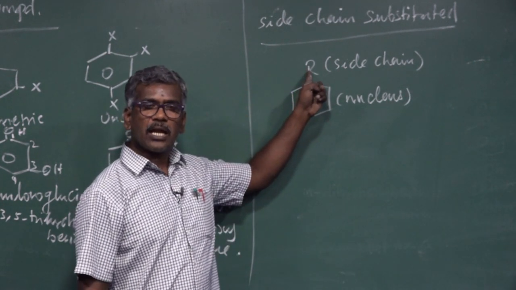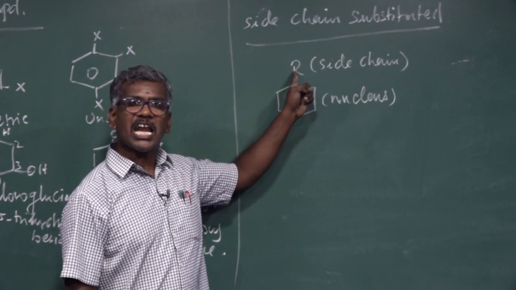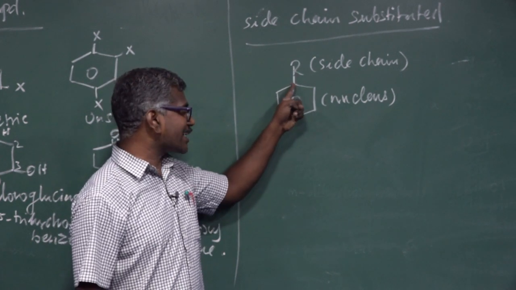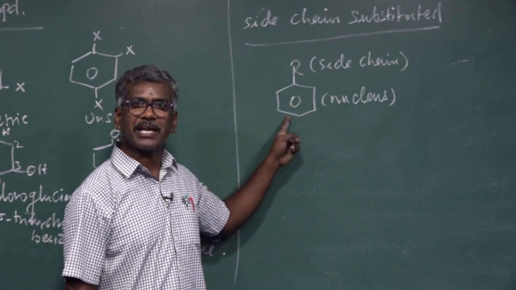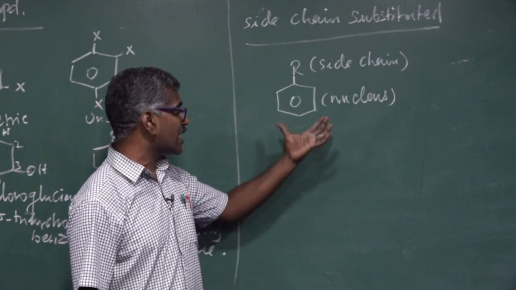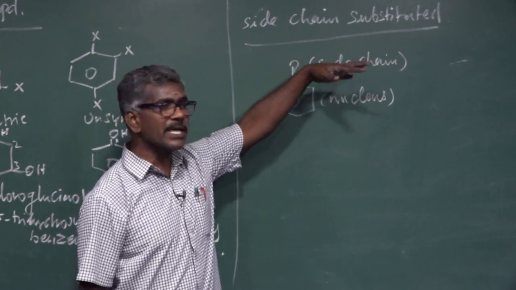Any alkyl or aliphatic group directly attached to the benzene nucleus by replacing one or more hydrogens is called side chain substituted.